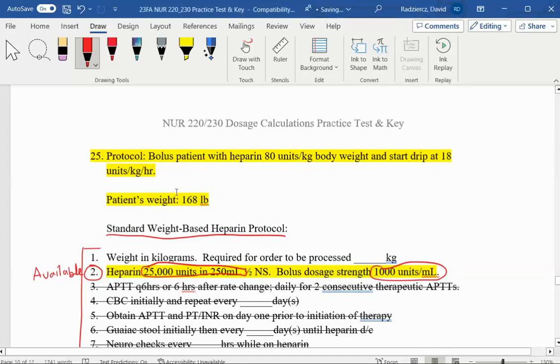Let's make this patient 237 pounds. Now I like to choose these random numbers because what I'm hoping to get is, when I take 237 divided by 2.2, I'm likely to get a number that has decimals after it.